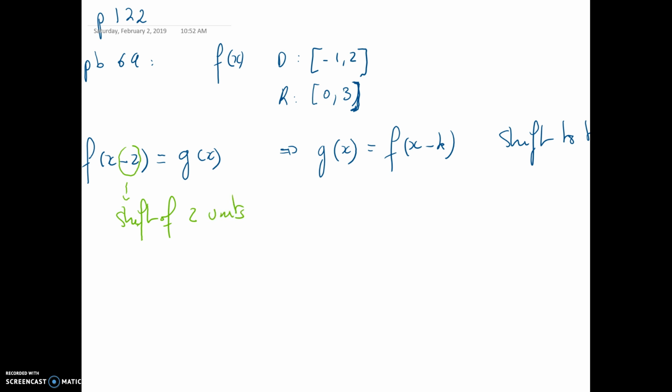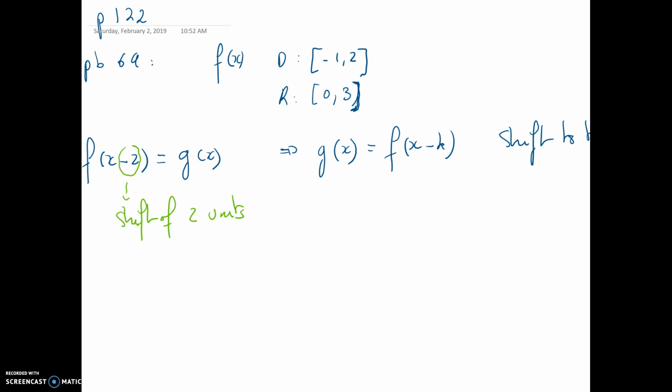So does that change my domain? Well, I defined my domain between -1 and 2, so x equal -1 and x equal 2 for the function f of x are on the domain. But now I'm dealing with a function that has been shifted 2 units to the right.